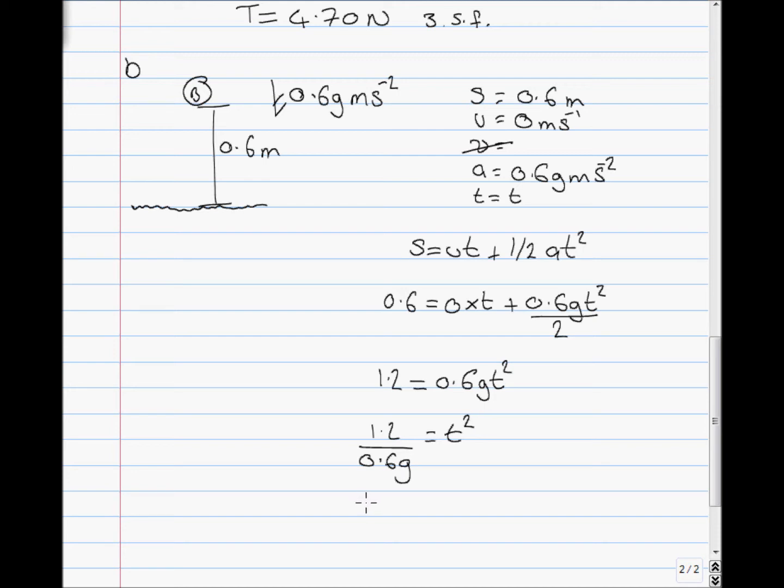So I've got T equals the square root of 1.2 over 0.6 g. What's the square root of all that?